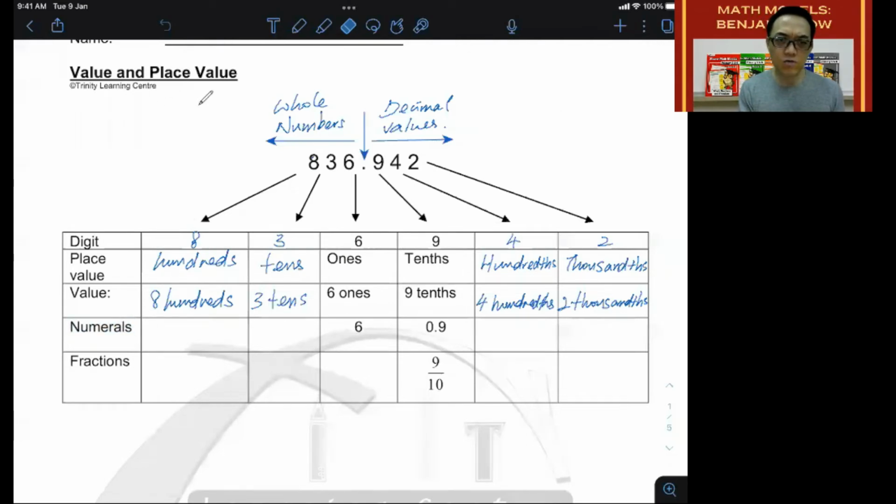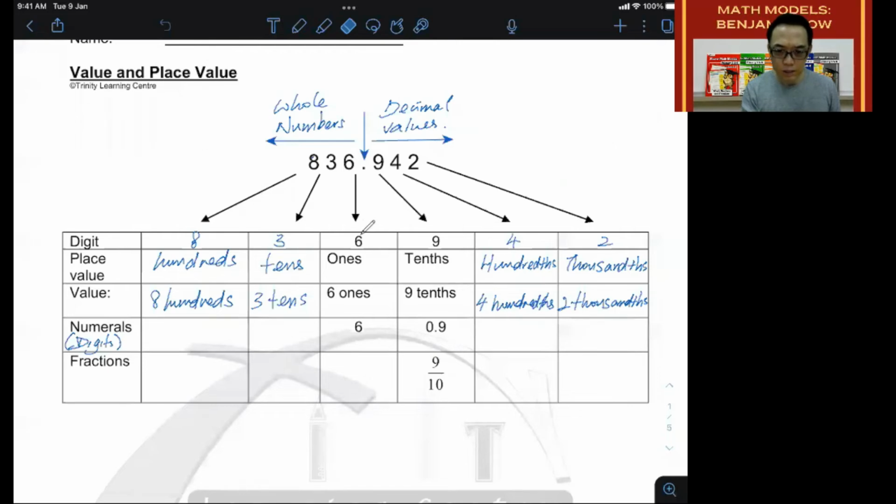Okay, the next thing we are going to learn is how to write the value in numerals. Numerals can be thought of simply and roughly as digits put together as a number. Okay, what is the difference between digit and number? Well, if I give you 374, we say that 374 is the number, but it is made up of 1, 2, 3 digits. All right, that's the difference. So the numerals is to be written in the form of digits as a number.